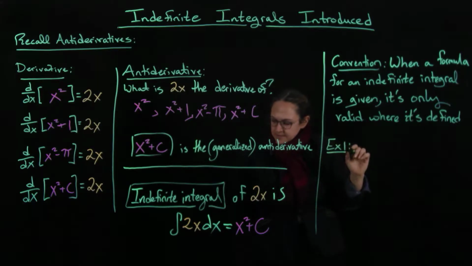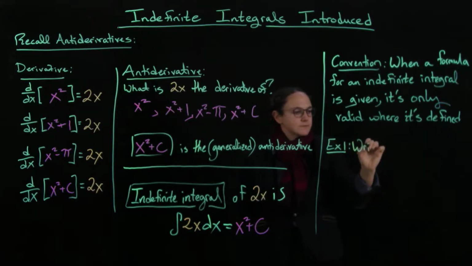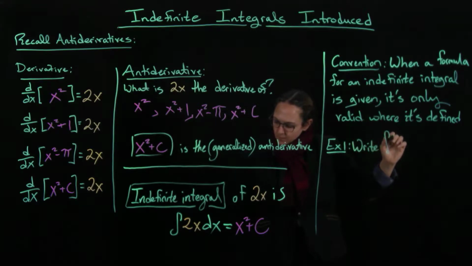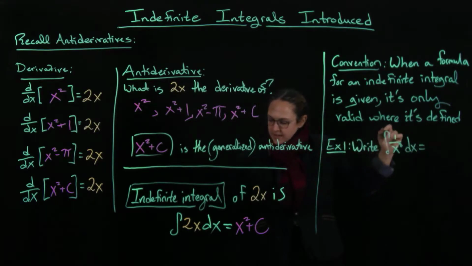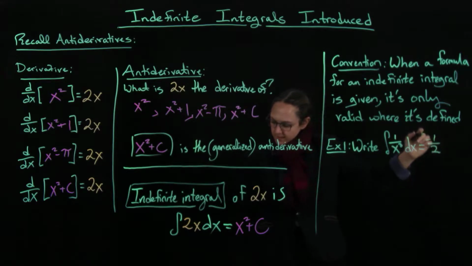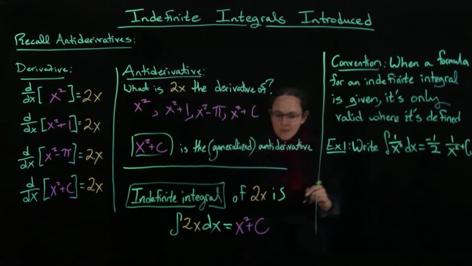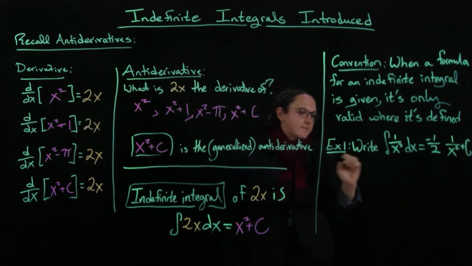So we write the integral of 1 over x cubed dx is going to equal minus 1/2, 1 over x squared plus c, even though it's only defined on intervals without 0.